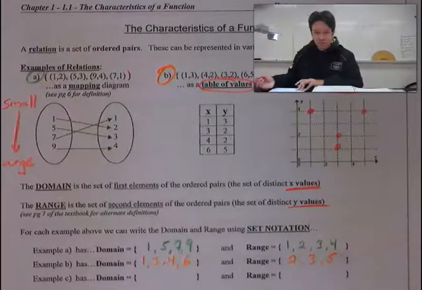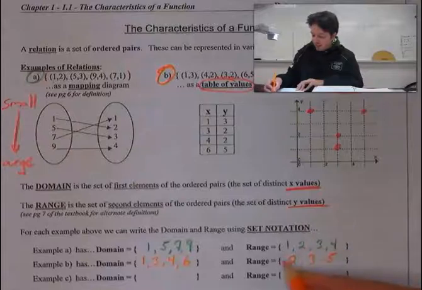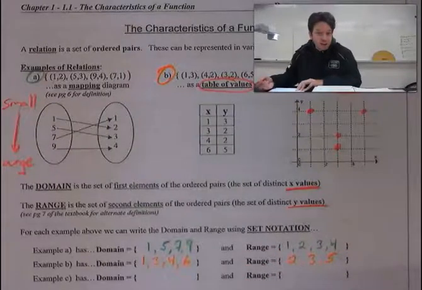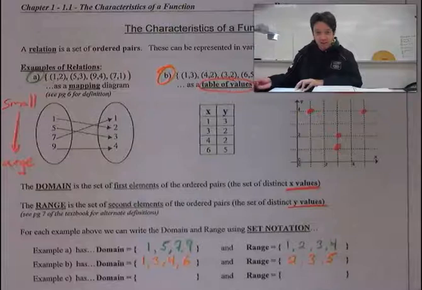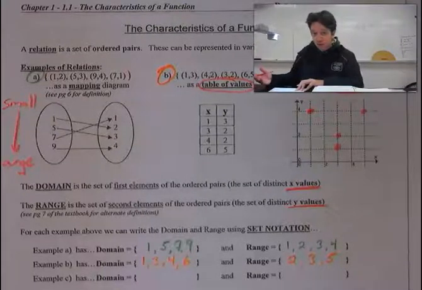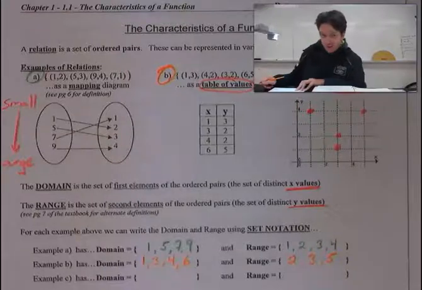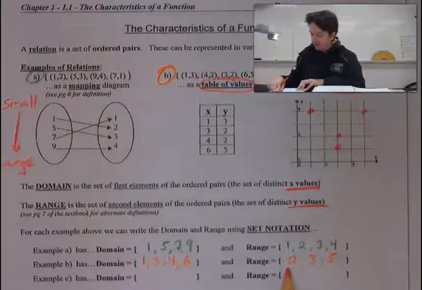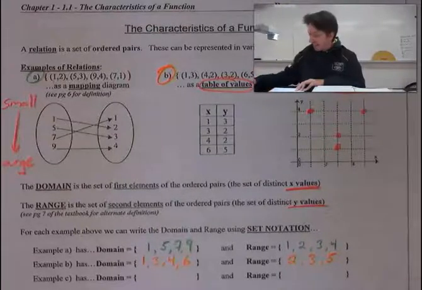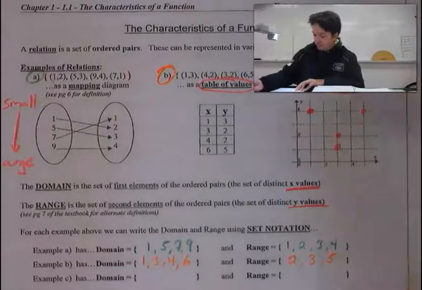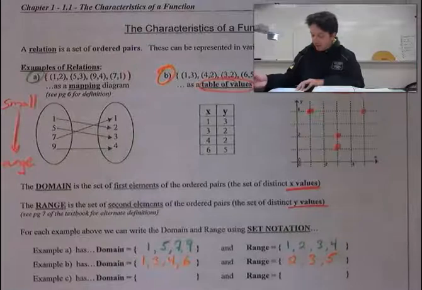The reason why we do that is we simply say for our range, or for our y values, one possible y value is 2. We don't have to say one possible y value is 2 and another possible y value is 2. There's no need to repeat yourself there, so we only write it once. And for our last example, when we did our scatter plot, again, your domain will be all your x values.